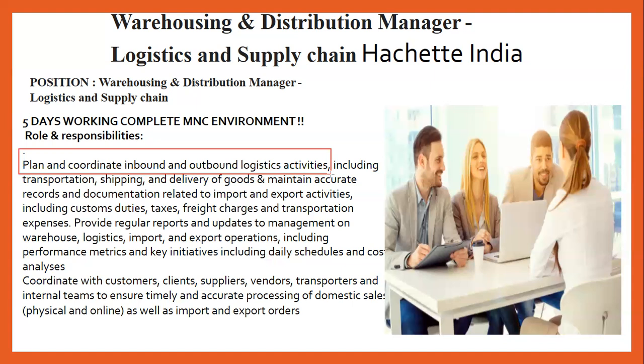In the warehouse you need to check whether the material is already available or not. If available, then no problem. Otherwise, you need to procure the materials. This process is called inbound logistic activity. First you need to inward the shipment from the supplier.